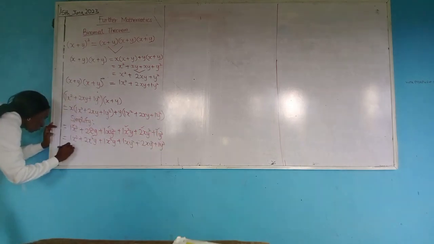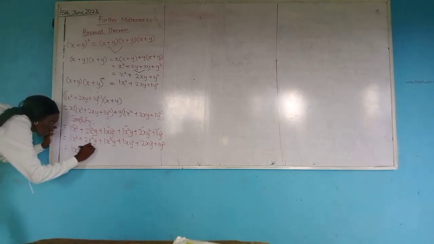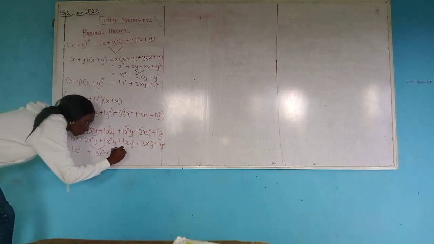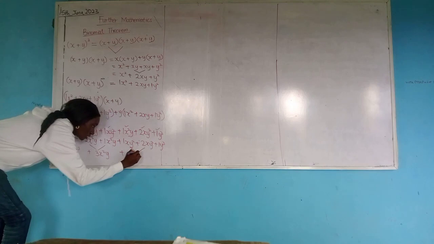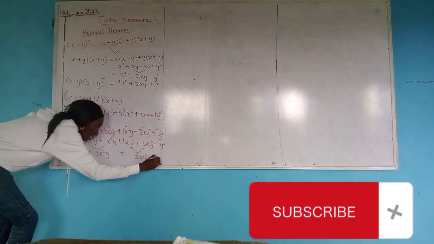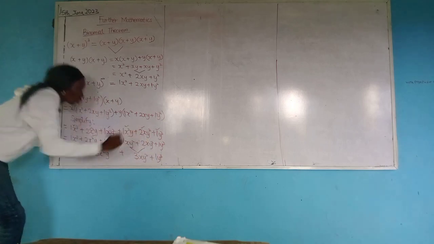So let's simplify. This is 1x cubed, plus 3x squared y, plus, merging this, gives us 3xy squared, plus 1y cubed.